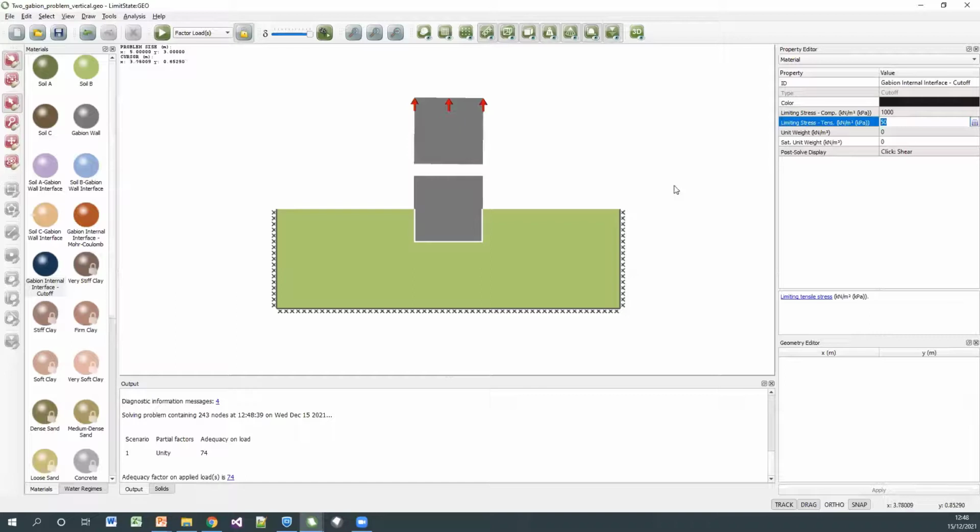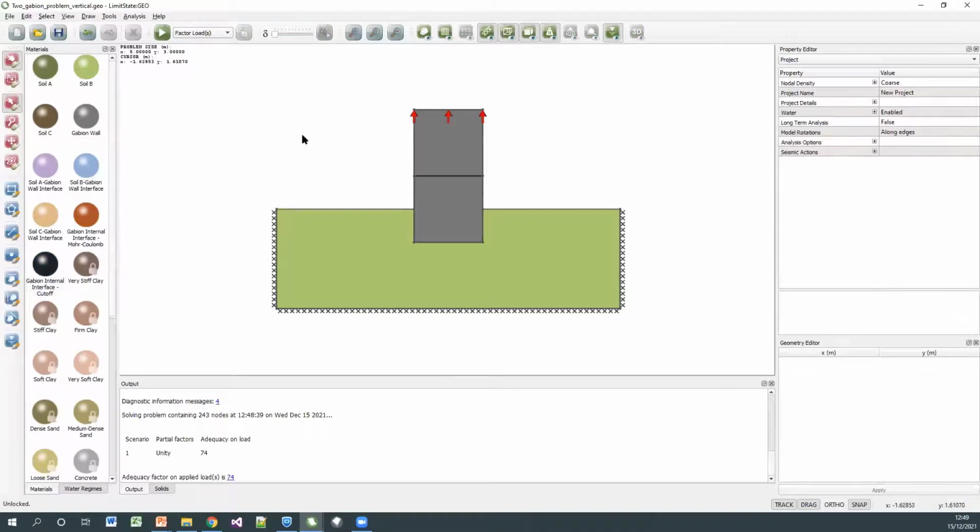Now, normally we're not going to expect much of a tensile strength between blocks, but here it's modeled at 50 at the moment. So I've got to overcome that. So that's a 50, and then I've got to add on the weight of the block. There's 24, so that gives me the 74. So that just illustrates the broad principle of how these interface cutoff materials work. We'll come back to those in a moment.